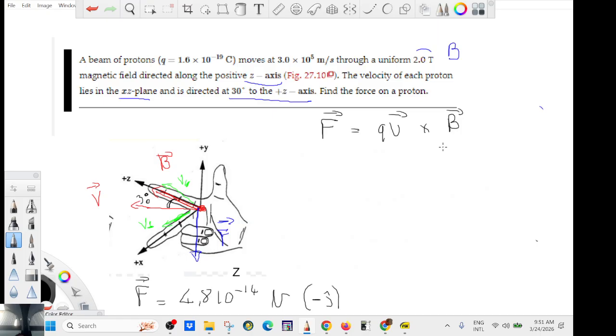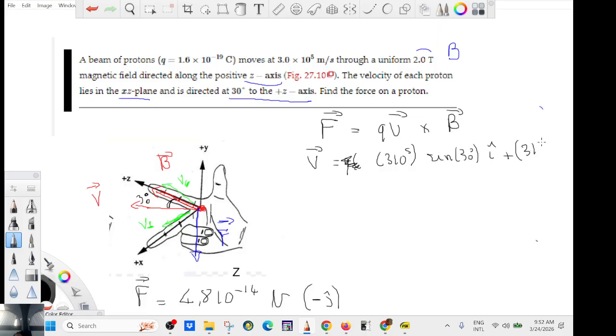So your book is using this way. So the book will say, okay, v, the velocity, has two components, one along the x and one along the z. Okay, so I'm going to write velocity equals 3 times 10 to the 5, and then along the x it's going to be sine 30, and that's an i hat, and then it has a component along the z, right?